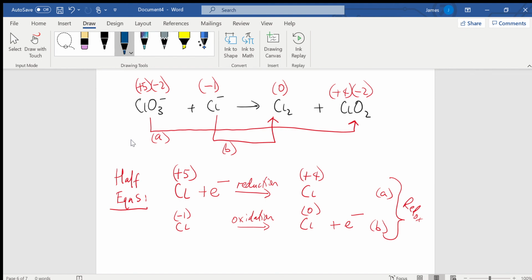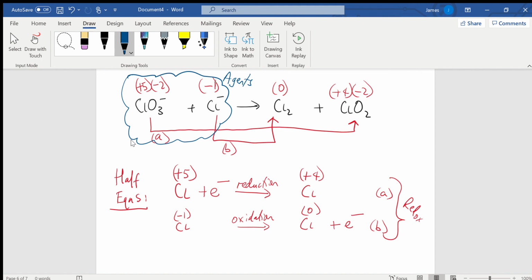So I know that the agents are here somewhere. These are my agents. So I'm not going to look on the product side. Let's look at half equation A. That involved the agent on the left, the ClO3-, chlorate.